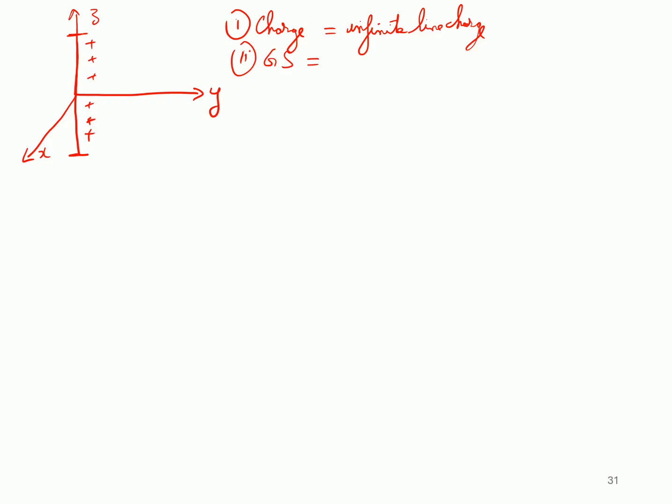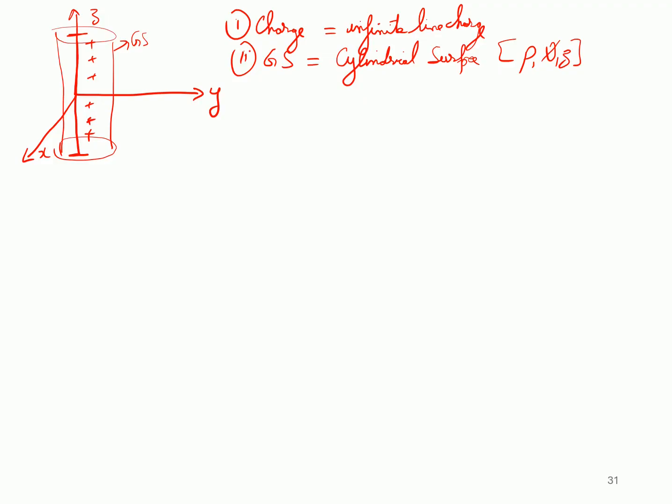So in this case it will be a cylindrical surface, which means that our axes will be rho, phi and z. So I can enclose this in this cylindrical Gaussian surface. So the line is now enclosed. This is my Gaussian surface, and the line charge distribution will be represented as rho_L.